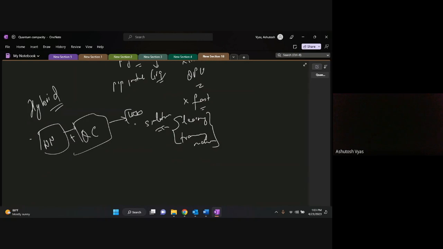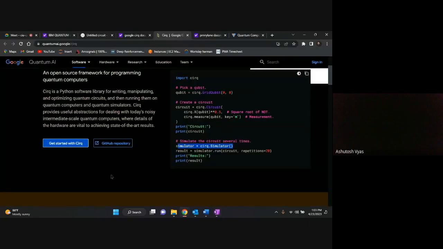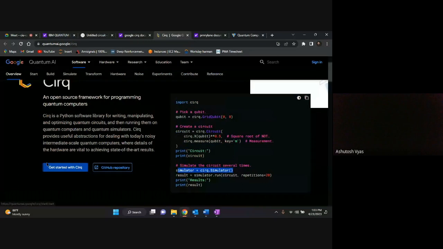This is your loss function, and this loss function basically updates the weights of both of them. So this is fundamentally how hybrid systems look like. Now it can be vice versa also, that your quantum circuit is before and then there is a neural network. So both are right. So this is one library which you can definitely go ahead and explore.